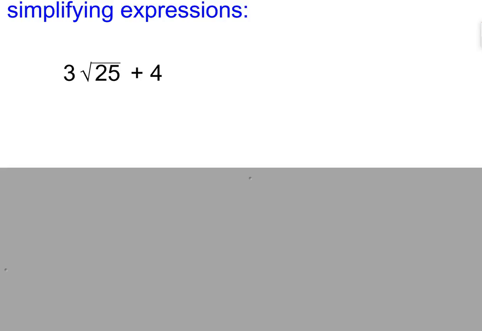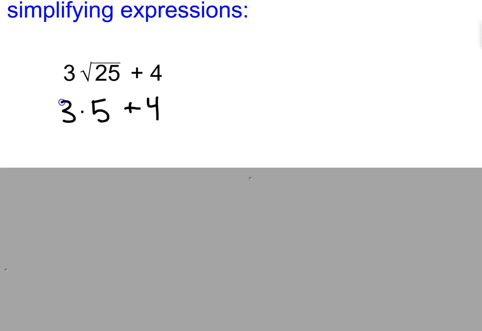Here are a couple examples you may see just to simplify square roots expressions. Remember, again, square roots are grouping symbols, so they go under the P for the PEMDAS, parentheses. So this is 3 times, and the square root of 25 is 5 plus 4.